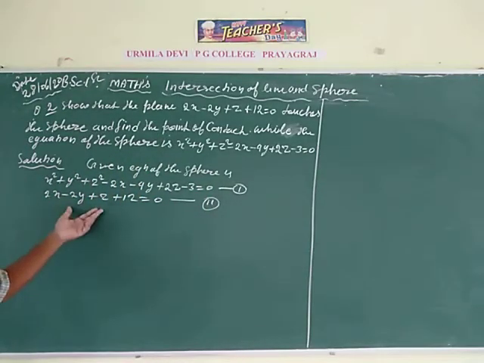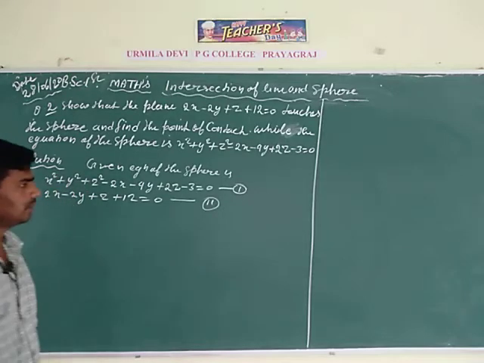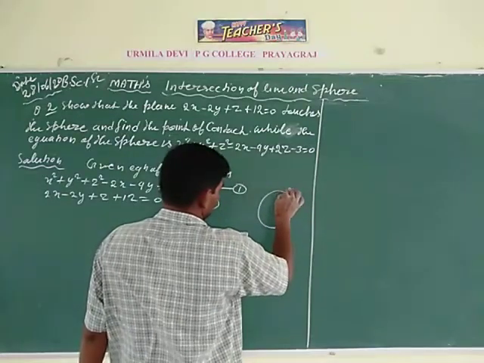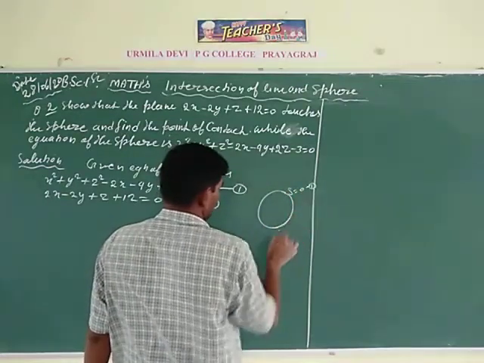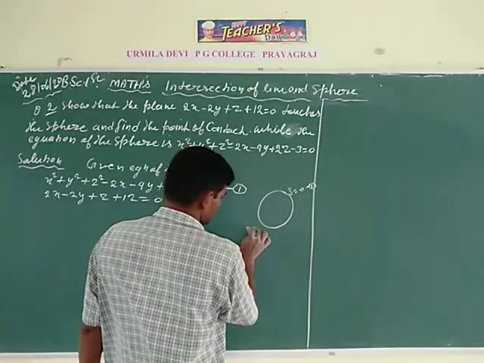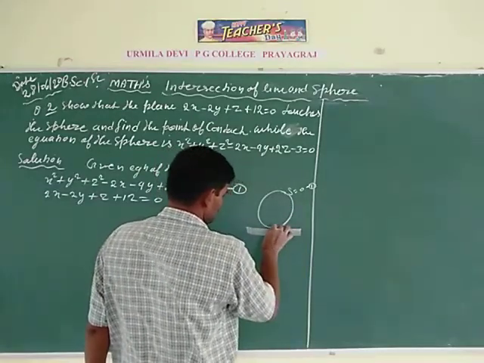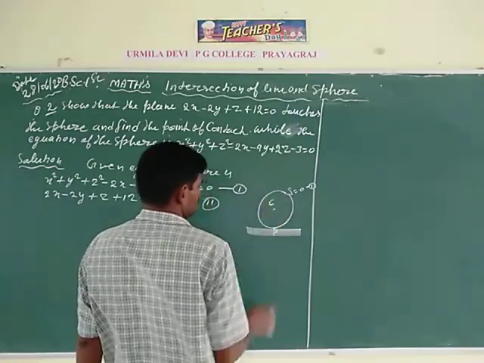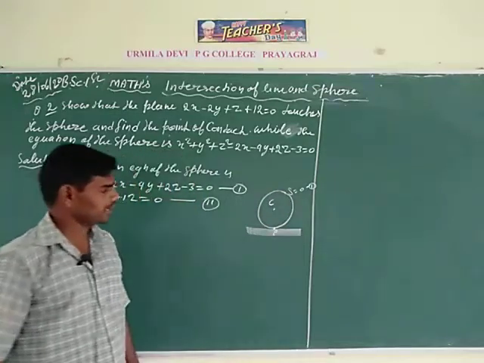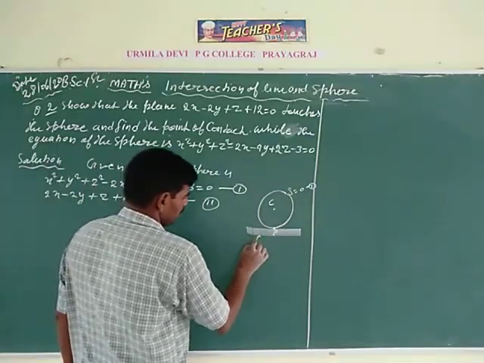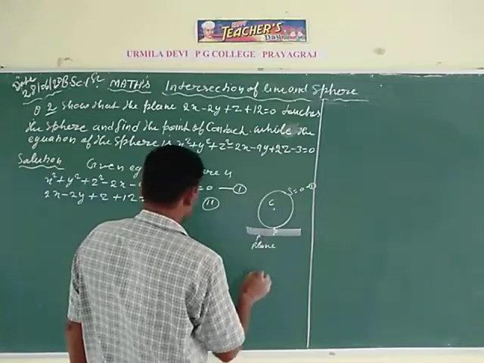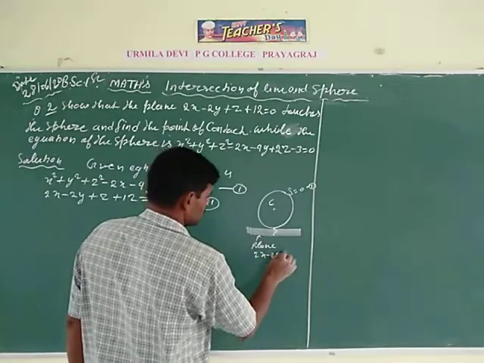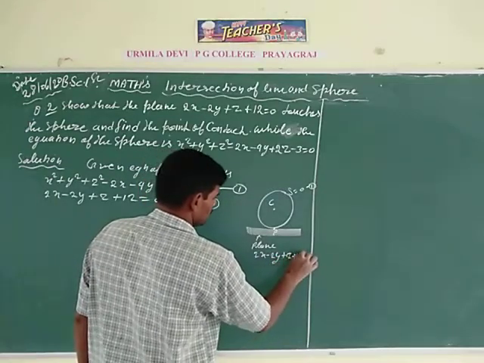To show that this plane touches the sphere, draw a figure. Suppose that this is a sphere, and this is a plane. If any plane is touching the sphere, suppose that the touching point is capital P and the center is capital C. Then from the figure, the plane equation is 2x minus 2y plus z plus 12 is equal to 0.